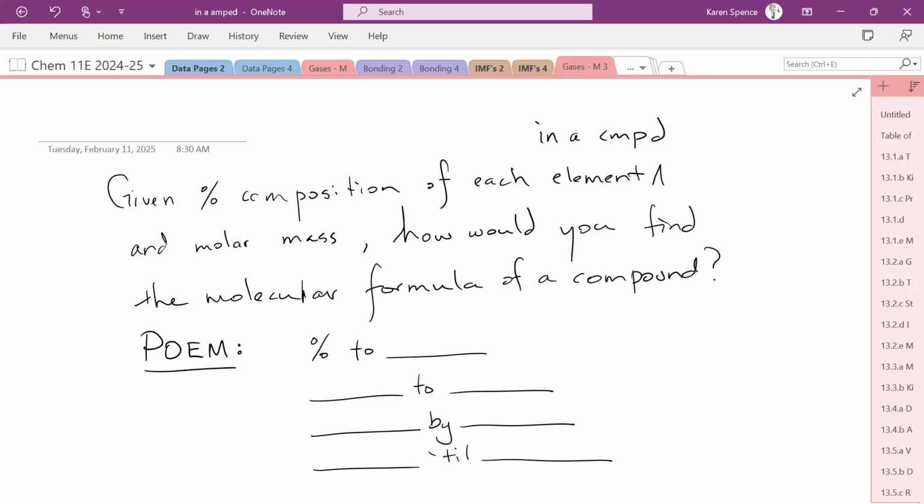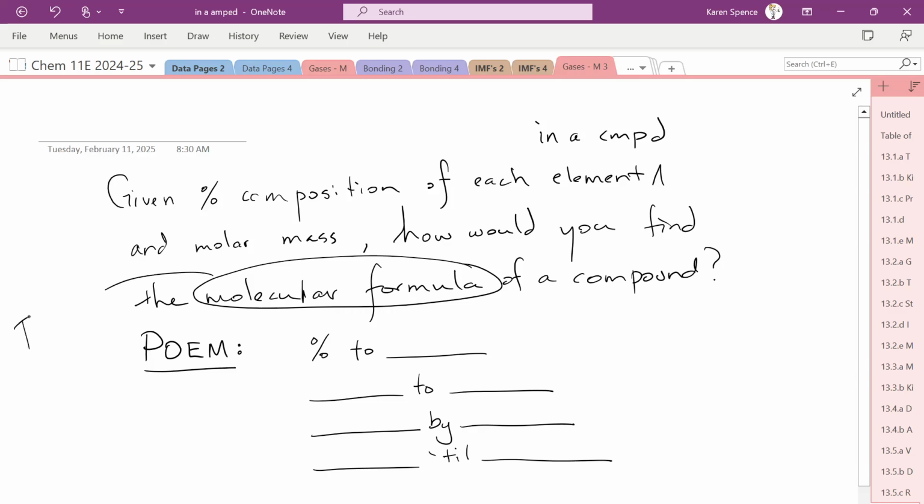Yeah, it's just the formula of the compound. It isn't simplified. It's not the simplest formula. What is the simplest formula? Empirical. That's the empirical formula, okay? So this is the true formula. Like the actual formula.